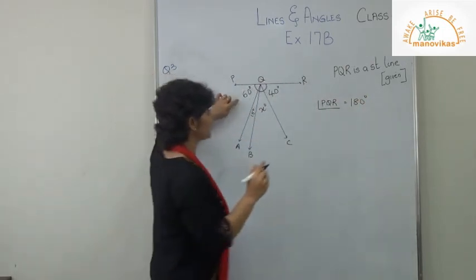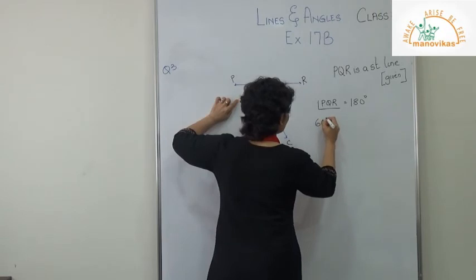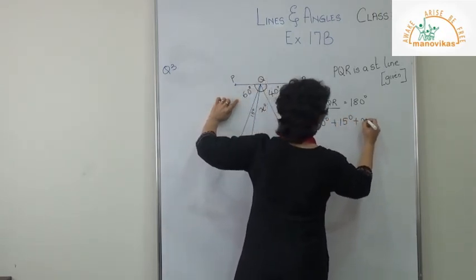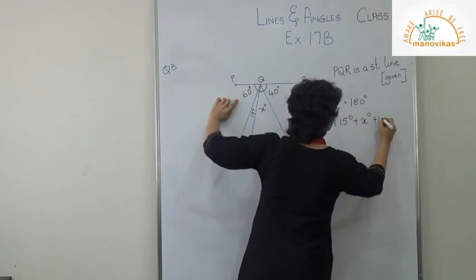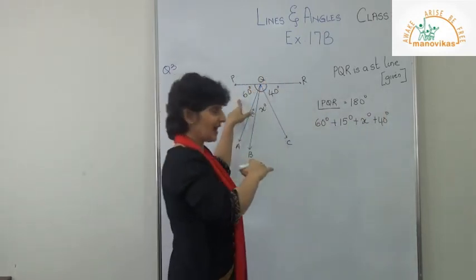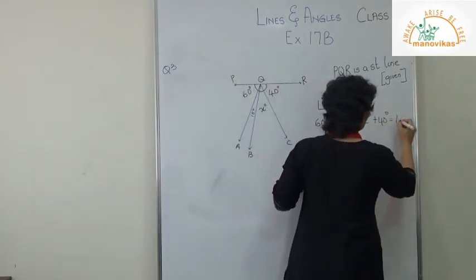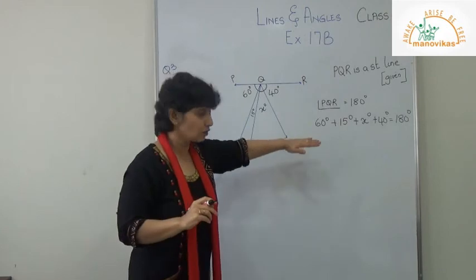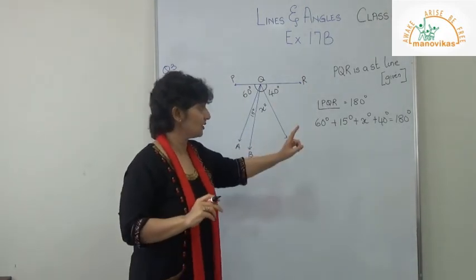With this, I understand 60 degrees plus 15 degrees plus X degrees plus 40 degrees, all this together, when I add, gives you 180 degrees. Correct? So, I am not going to do the sum. You will solve it.